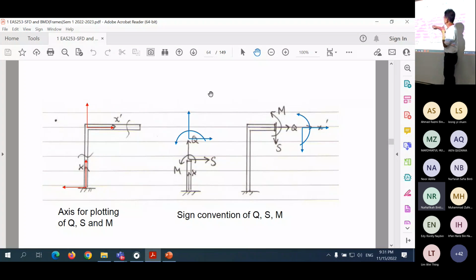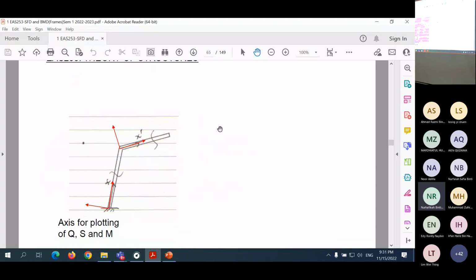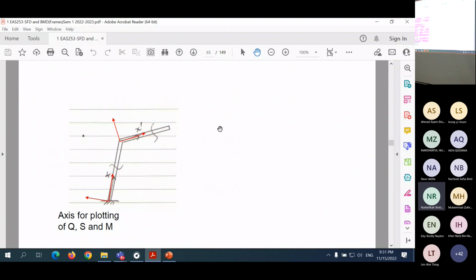But this is based on the positive direction for the axial force, shear force, and bending moment. The red one indicates where to plot. This one indicates the positive direction for the axial force, shear force, and bending moment. So same thing.